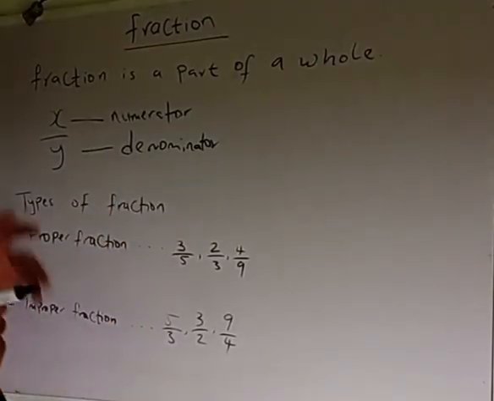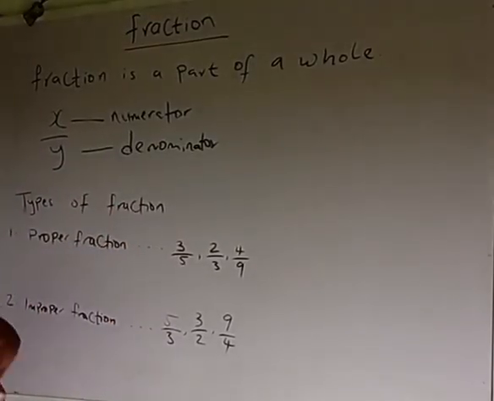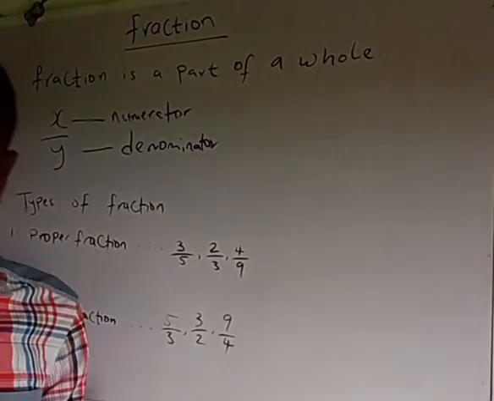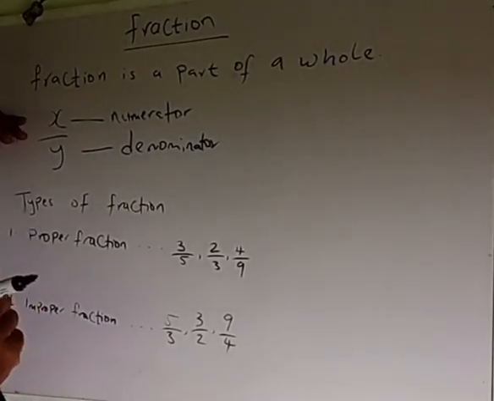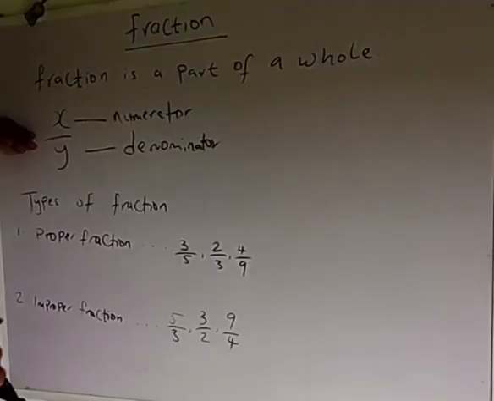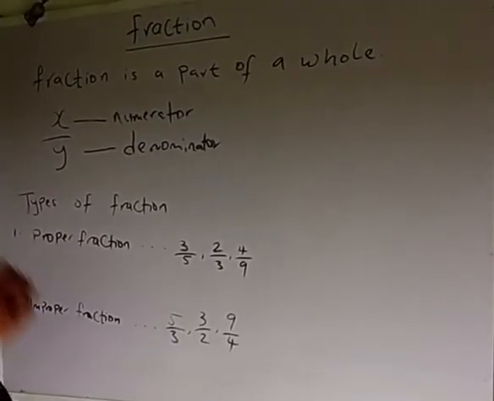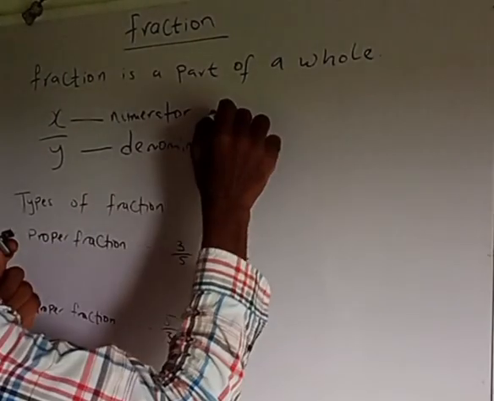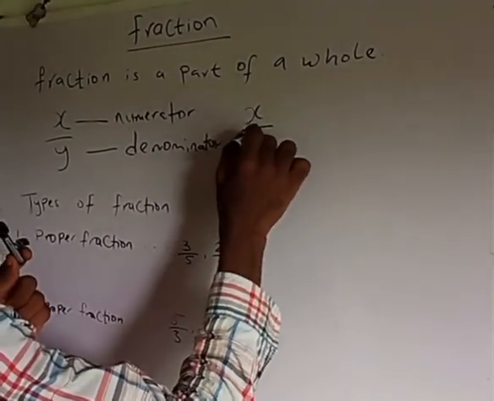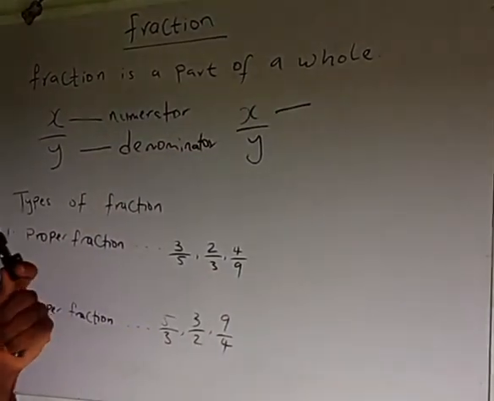Whenever you have like 2 over 5, or 1 over 3, or any number that you have whatsoever, the one that is on the top is always called the numerator, while the one that is under is called the denominator.